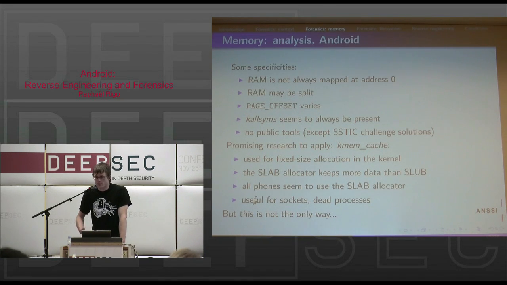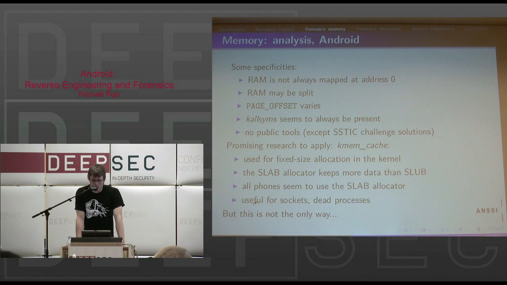So it maintains a cache of recently deallocated data to reuse it as a lookaside cache, basically. And it's really useful because the slab allocator, which is the default on all the phones I have seen, is really good at keeping data after they are not used anymore. So if you can parse the kmem cache, you're probably going to find a lot of information about dead processes, closed sockets, and everything.